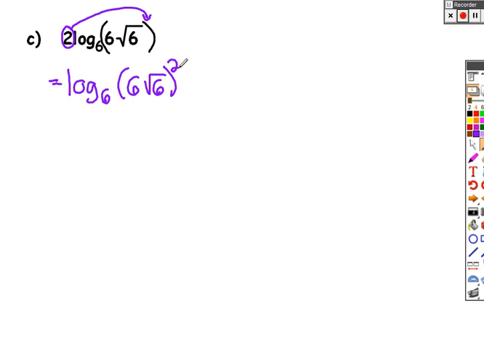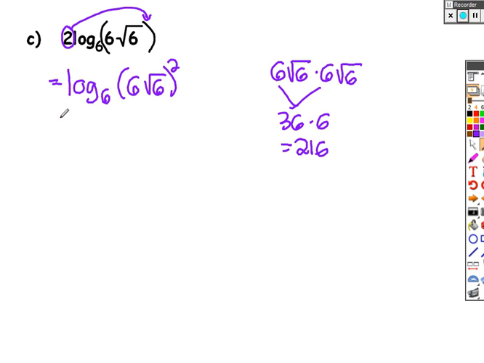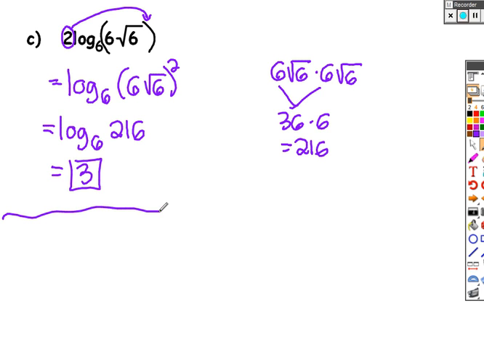Then if I take the square of 6 times itself, 6 times 6 is 36, and square root of 6 times square root of 6 is 6. That should equal 216. So I have log base 6 of 216. 6 to what power is 216? That would be 3.